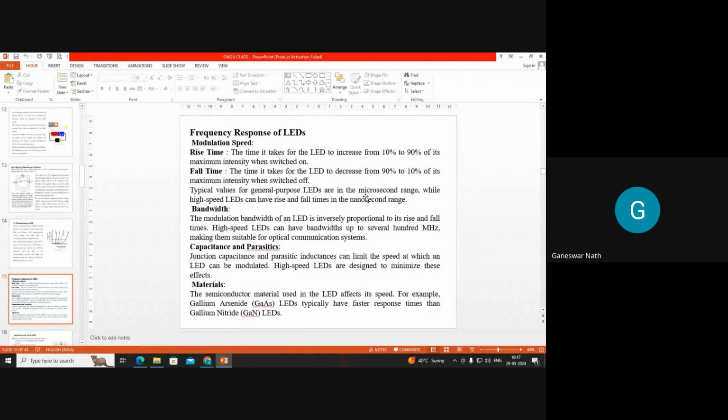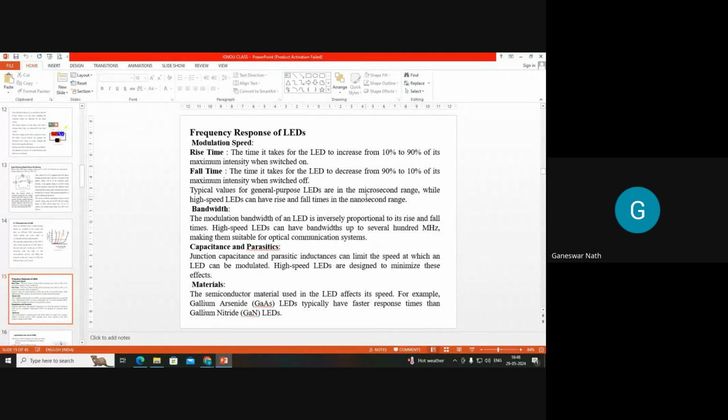The frequency response of any of the devices is affected by different factors. First is the rise time and also the fall time. This is the time it takes for the LED to increase from 10% to 90% of its maximum intensity when switched on.